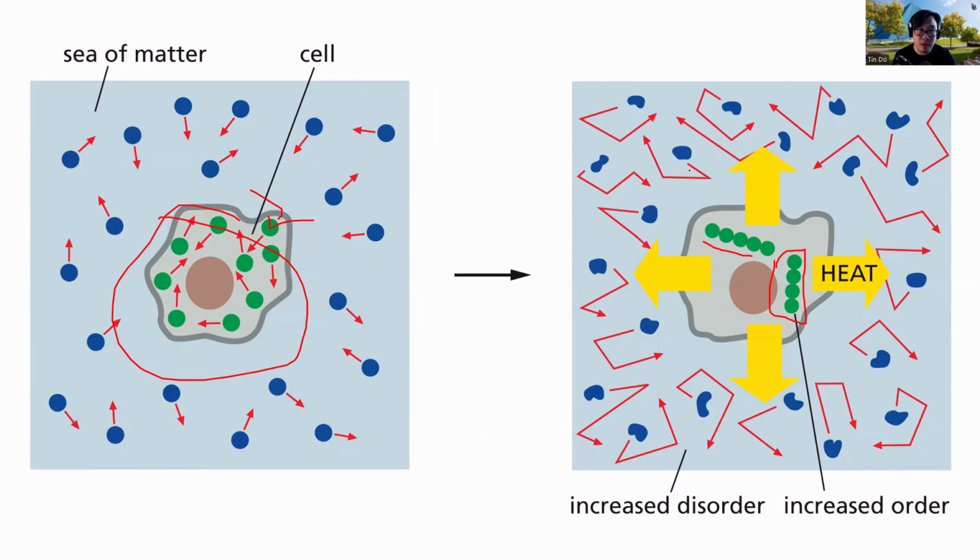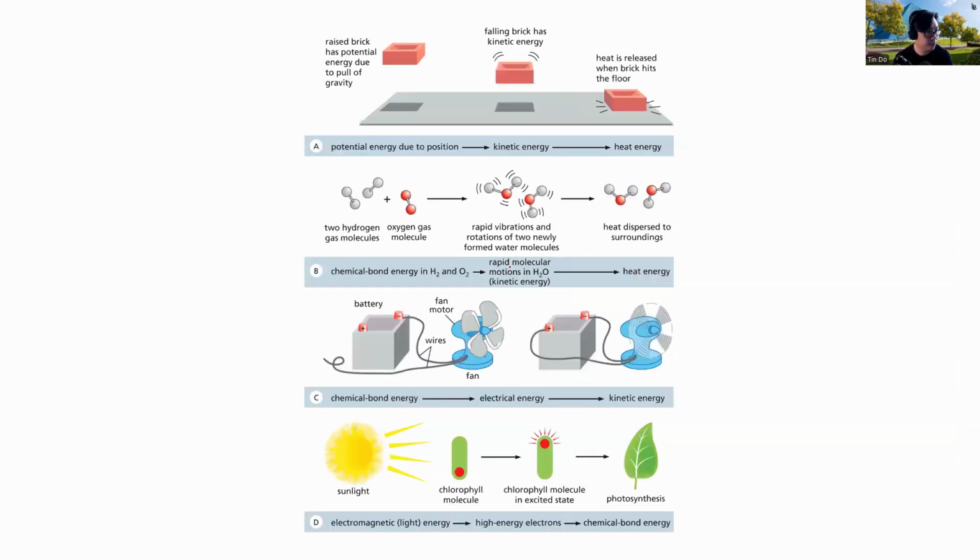And so the molecules outside that cell are going to absorb that heat energy and start moving faster, increasing the disorder of the surroundings. So the cell itself is increasing in order, increasing in organization, and outside the cell, it becomes more disorganized or more disorderly. Okay.